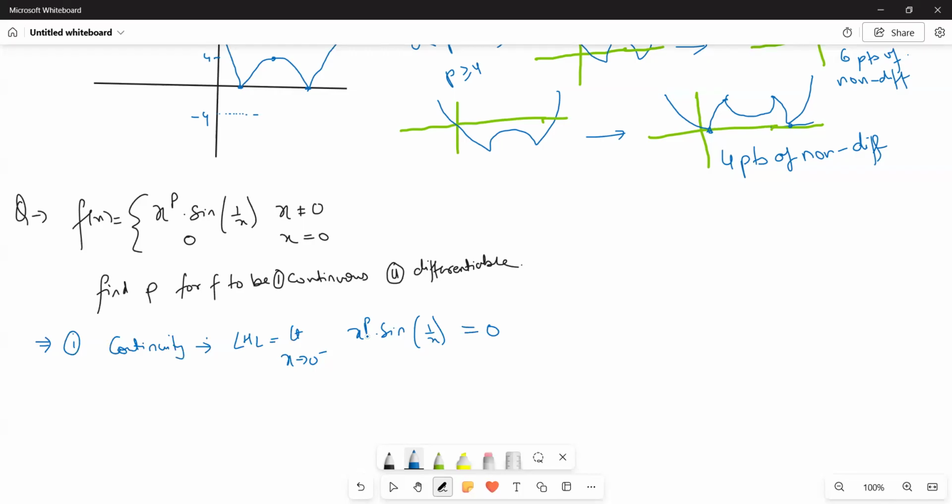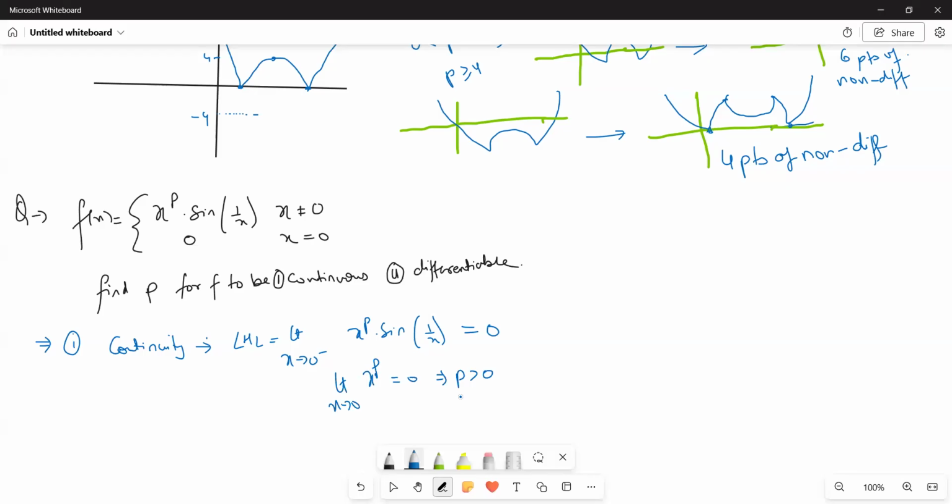So if you remember algebra, for the product of a continuous function and a discontinuous function to be continuous, the value of the continuous function must be 0. So x power p should be 0. But when will limit x tending to 0 of x power p be 0? When p is greater than 0. x has to stay in the numerator.